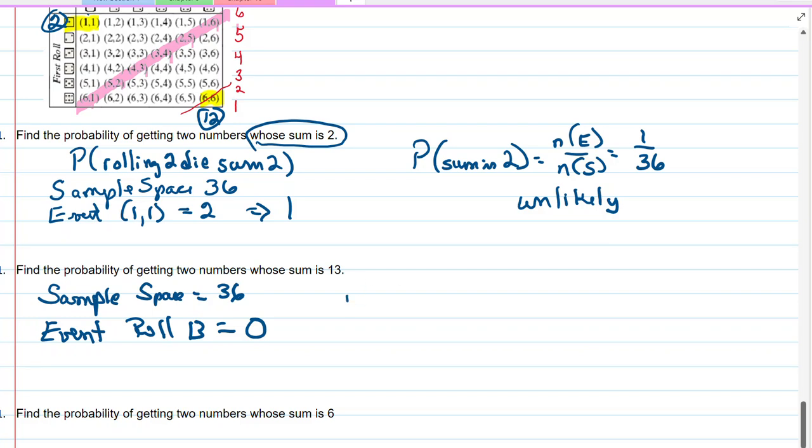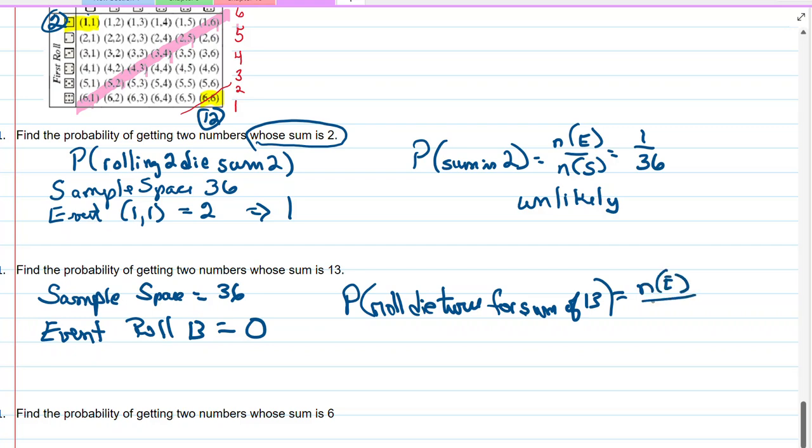So the probability is the cardinality of our event over the cardinality of our sample space, 0 over 36. Definitely in that category of impossible.